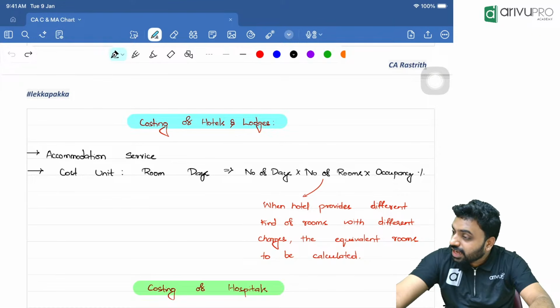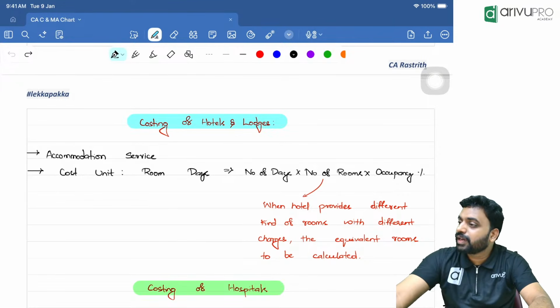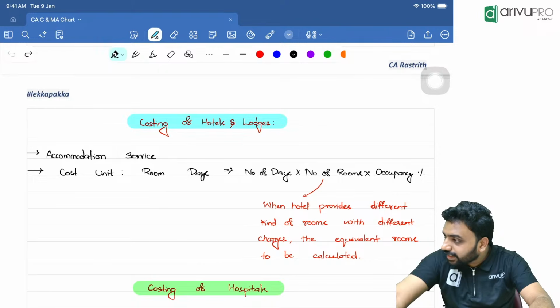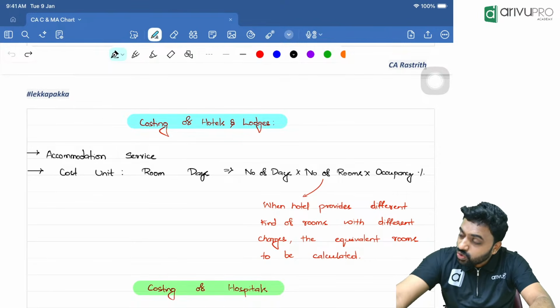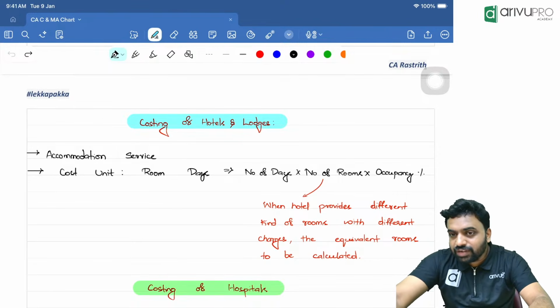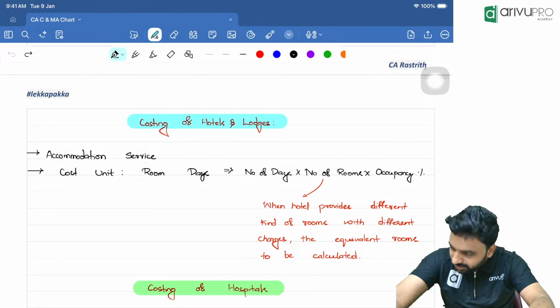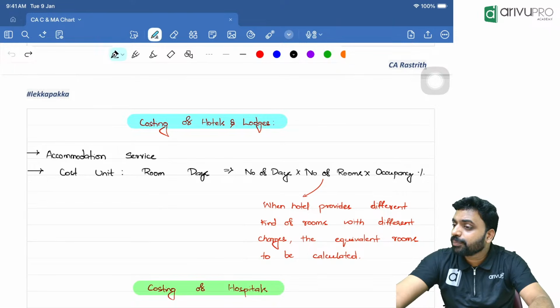Per day, I get hotel cost per day. But I don't want hotel cost per day, I want room cost per day. So whatever the days I got, how many rooms will be occupied on an average? If I divide by that, I will get the cost per room per day.